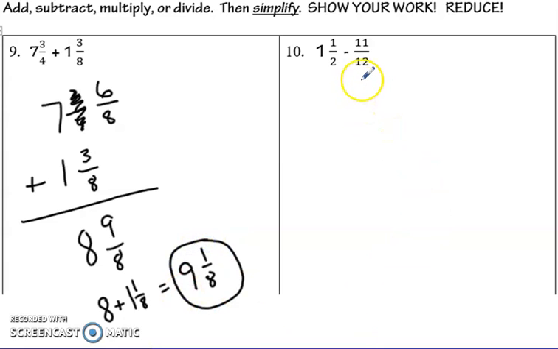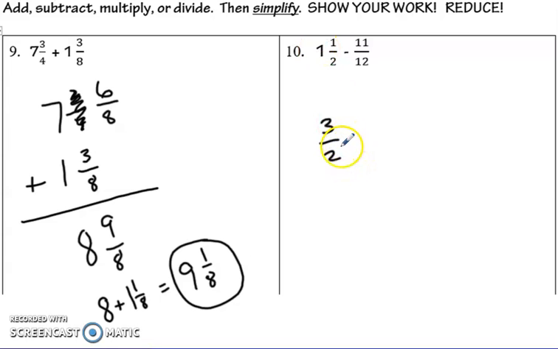Moving on, here's 1 1/2. It's kind of neat when you look at this. You can see that you've got a half, which would be 6/12, minus 11/12. I'm going to have to borrow that one anyway, so I'm going to go ahead and make this 3/2. I'm skipping a step here because I know that I'm going to have to borrow one from this.